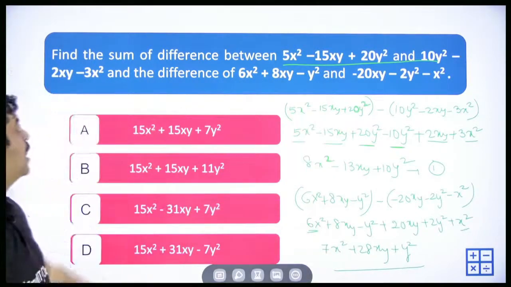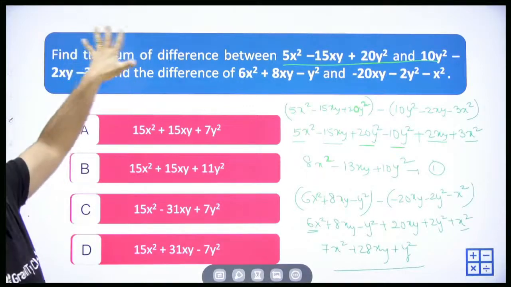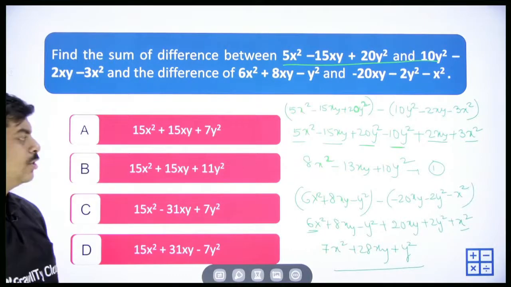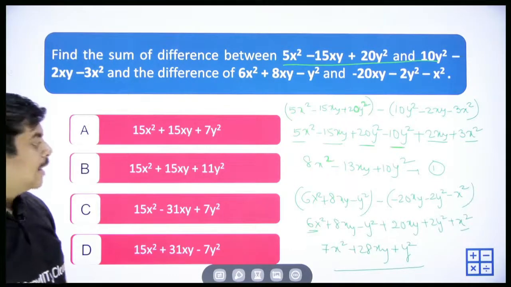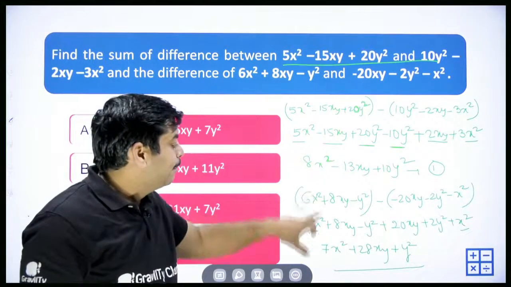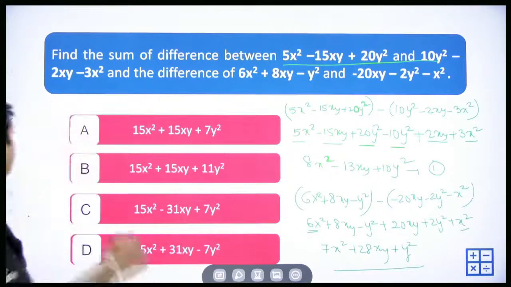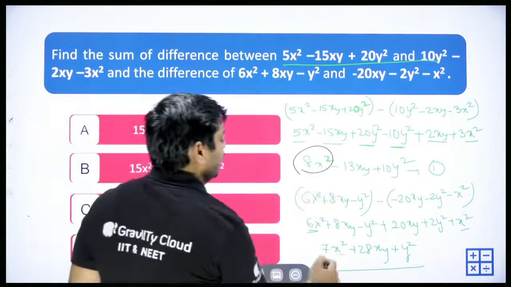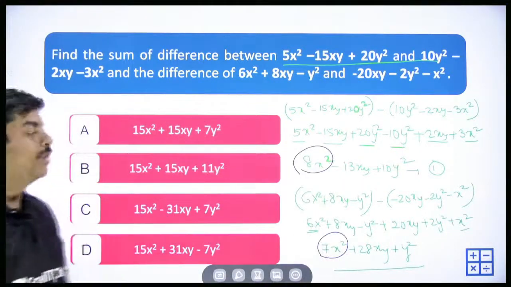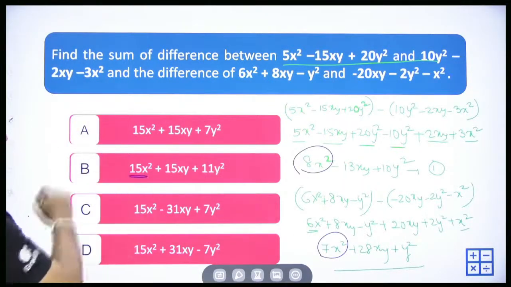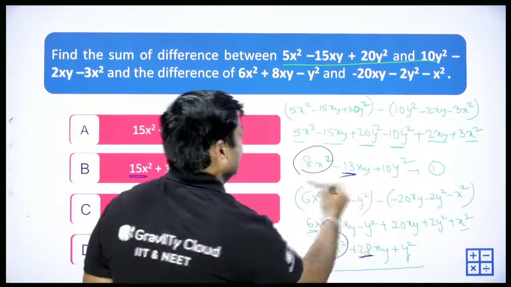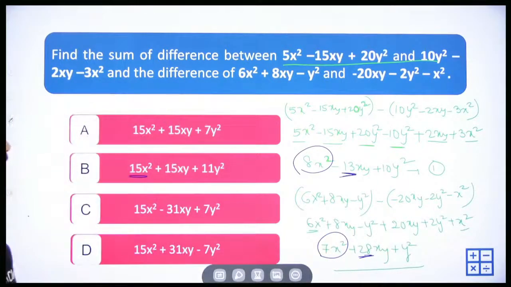Now the question is to find the sum of these. Please try to quickly do the sum of these two. 8 plus 7 is 15x square. Then 28xy minus 13xy is 15xy.